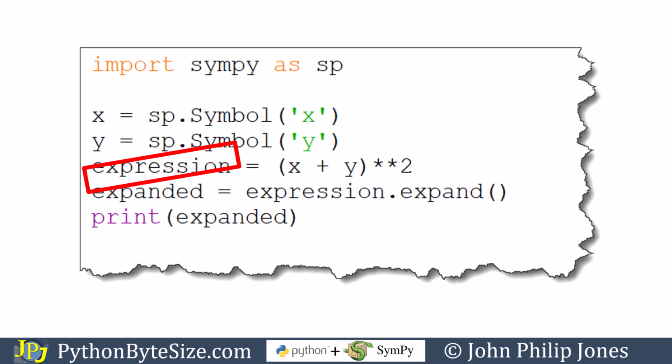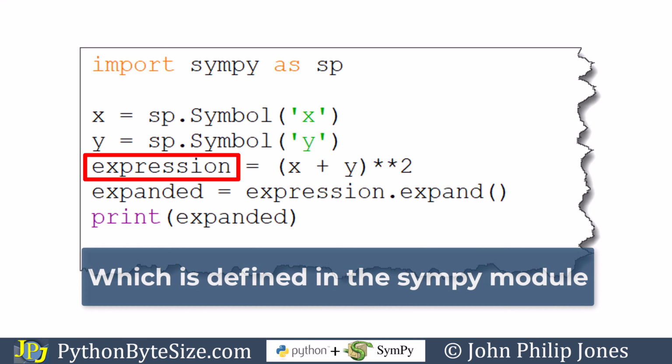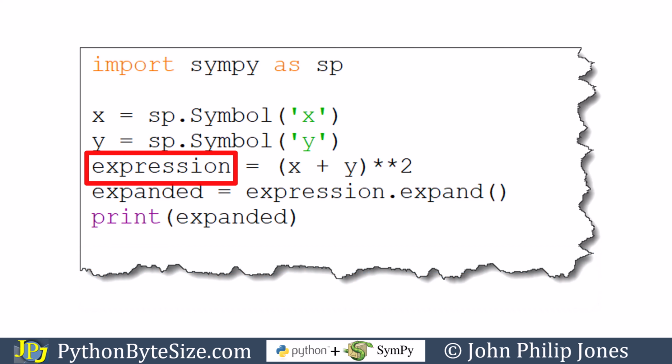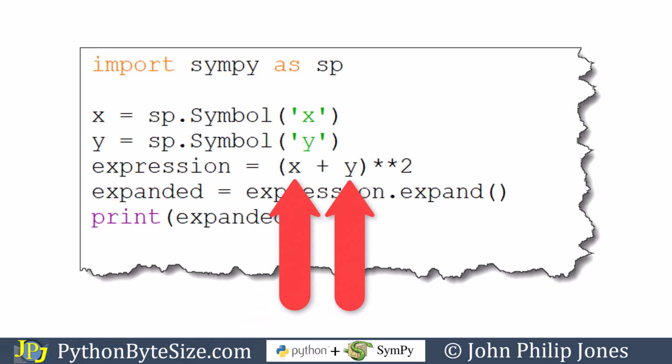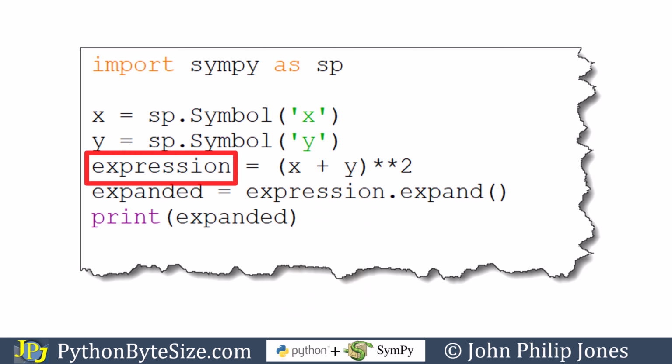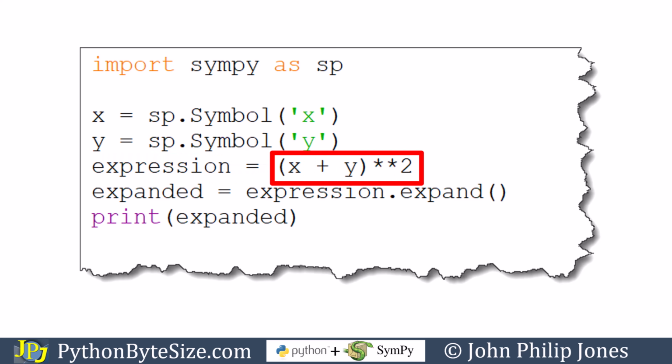Now, this variable is going to be an instance of the power class. So this expression here becomes a symbolic expression containing two variables, x and y, where x and y are both symbolic. More accurately, this expression is an example of an object reference. It points to the SymPy expression, where the SymPy expression is an object.